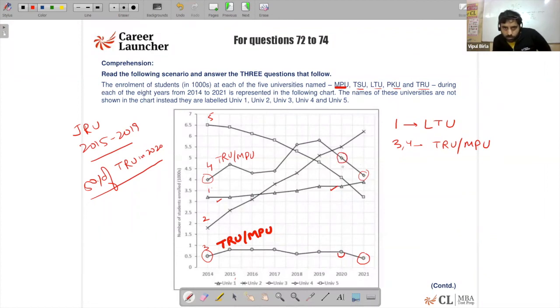That means TRU in 2020 will be either 5 or 0.75.